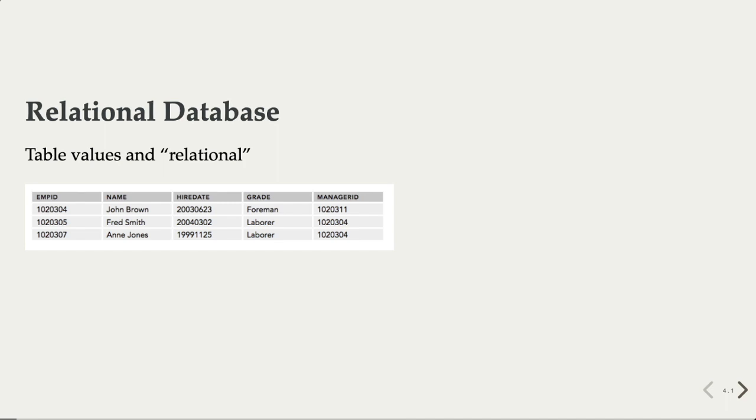And that established the relation here because John Brown is actually the manager or the boss to Fred Smith. So through this kind of field value reference, you can establish relations among the records in a table, even in multiple tables. And that's why we refer to these kind of databases as relational.